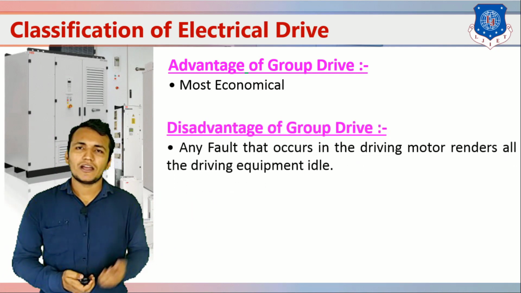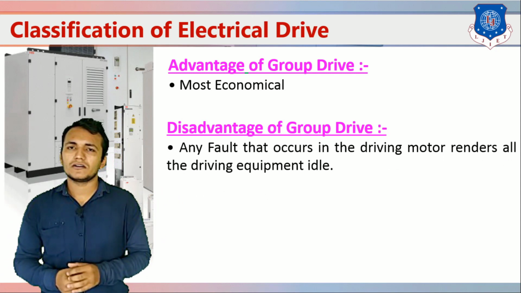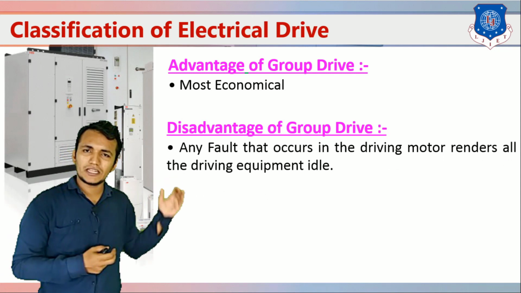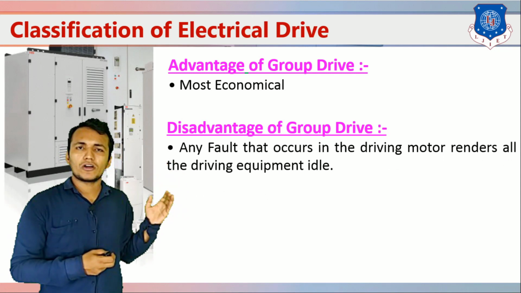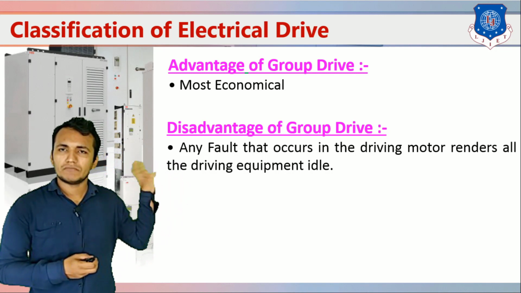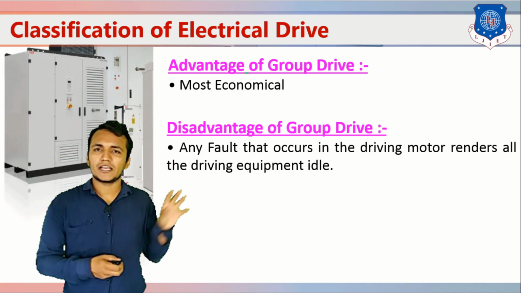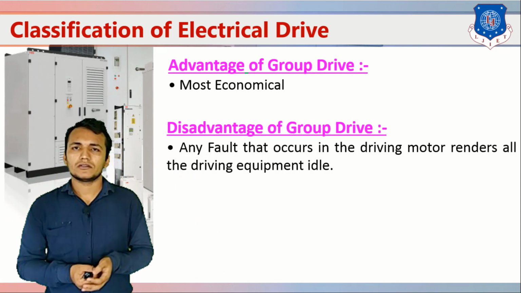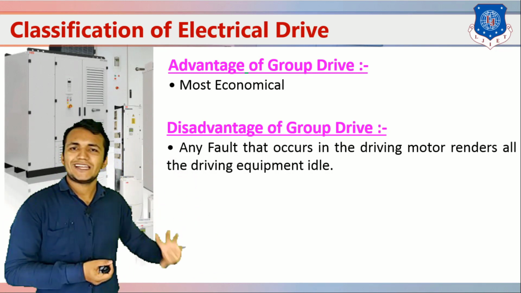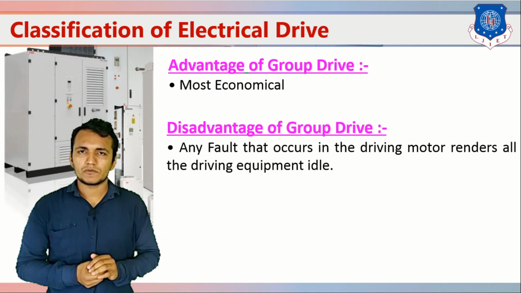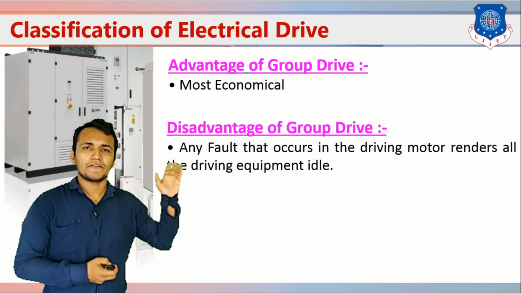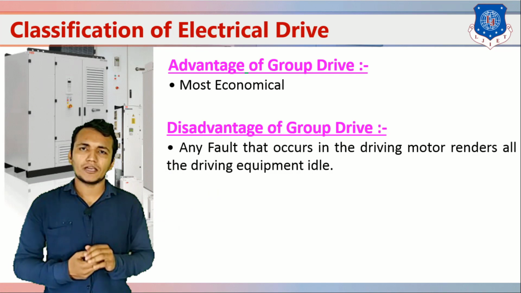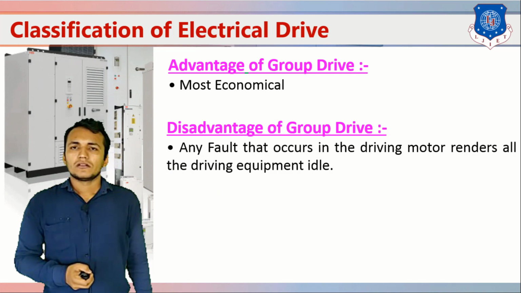It also has disadvantages. If there is any kind of fault in the driving motor, then the whole operation will shut down, because every mechanism is connected on a single shaft. Any fault occurring in the driving motor renders all driven equipment idle.